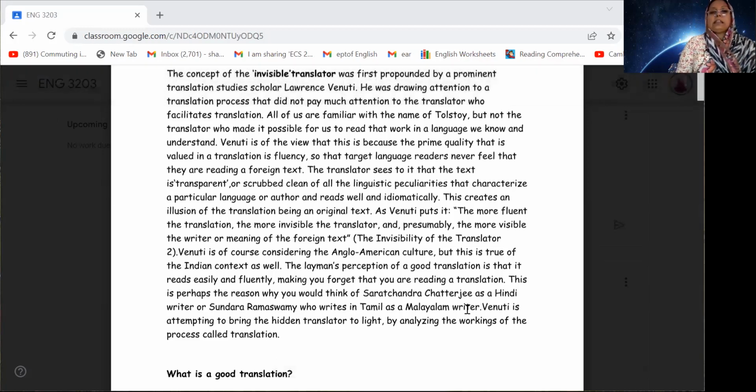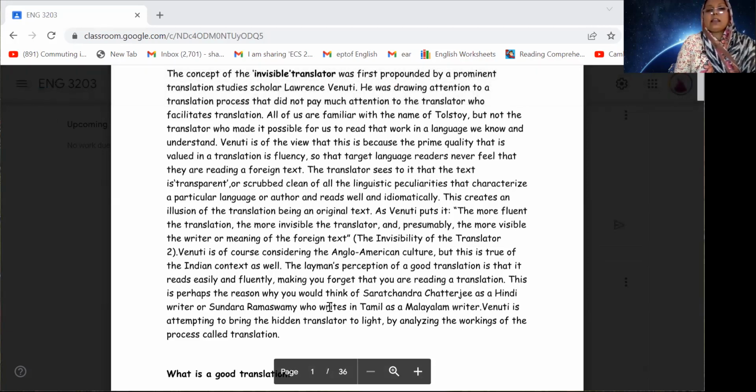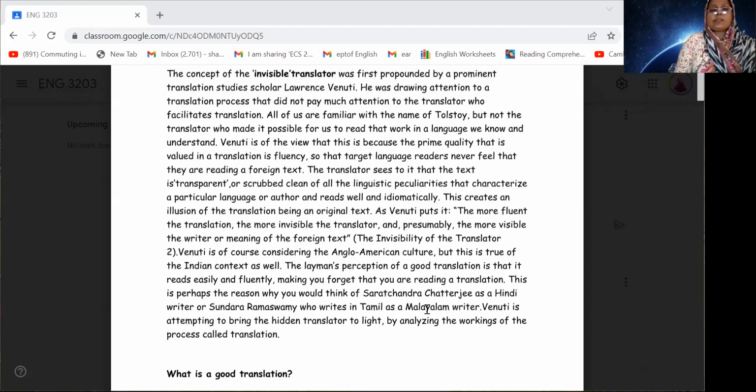Sharat Chandra is specially a Bengali prose writer, but he also translated Hindi books. Sundara Ramaswamy is a Tamil writer, but he also had Tamil books translated to Malayalam. So we forget about the original writer.